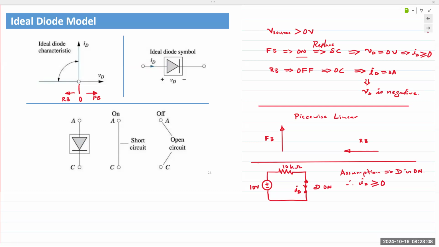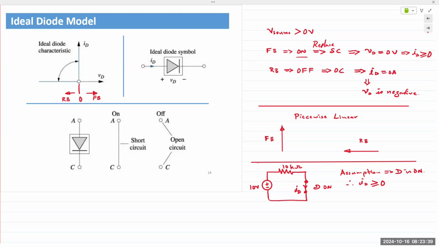So for an ideal diode, there's only two possible states, on or off. If it's on, ID has to flow through. If it's off, ID is equal to 0 and VD is negative. So once you assume a state, then you redraw the circuit according to your assumptions. Then you analyze the circuit, using any circuit analysis technique that you would like to use, and then see whether your assumption is true or not. In this case, VD must be 0 and ID must be positive.